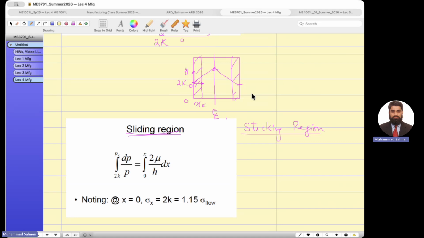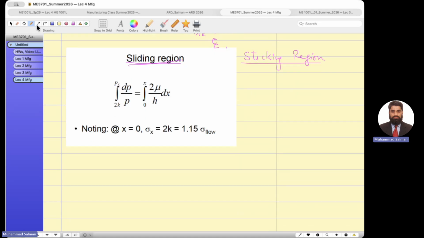So let me show you, if you integrate it, can you integrate this portion like this? Ln of P over 2K. 2 mu over h is constant, and the integral of dx is just x. You agree with me? So x minus 0, you just write down x.